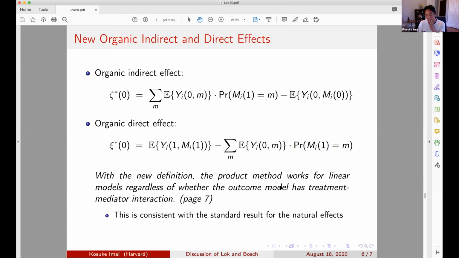This result seems consistent with the standard results for the natural effects. And the product method for the binary mediator, that formula is also applicable to the natural effects. I guess that's not really surprising because once you assume the cross-world independence assumption, they coincide. So the same formula seems to be applicable to both types of effects.